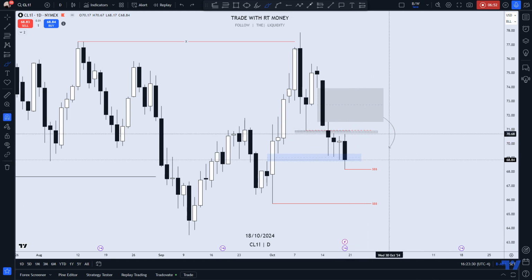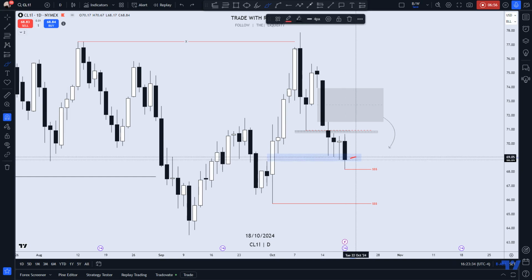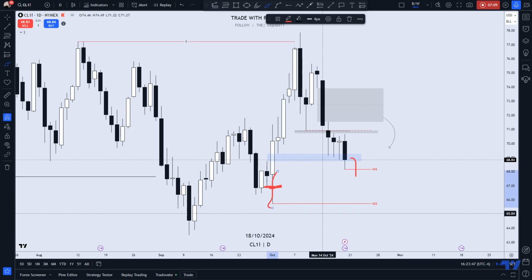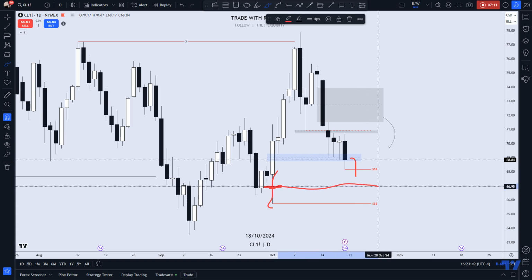Now, in the case that price opens up here and takes this low out with a wick, or trades through it, then I'm looking for price to not go further than the midpoint of this wick here. And I'm looking for price to push back up.